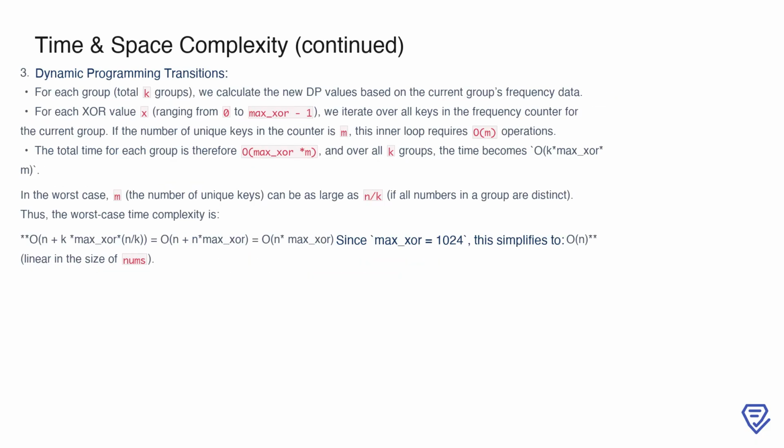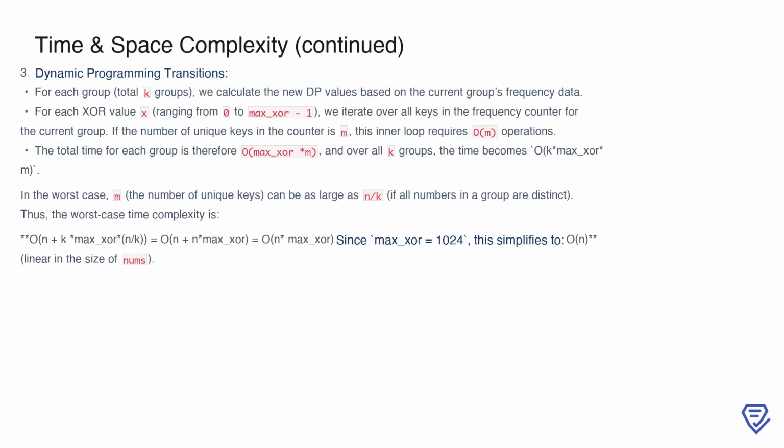The next part of the time complexity analysis focuses on the dynamic programming transitions. For each of the k groups, we calculate new DP values based on the frequency data of the current group. This involves iterating over all possible XOR values, from 0 to max_XOR - 1, and for each XOR value, iterating through all unique keys in the group's frequency counter.